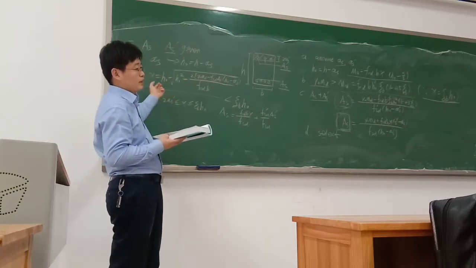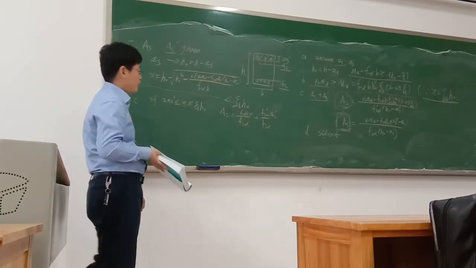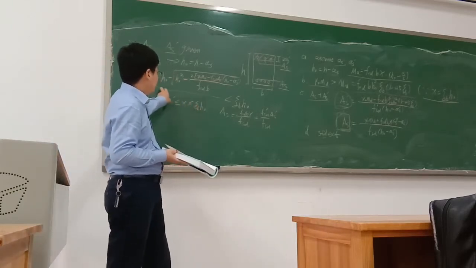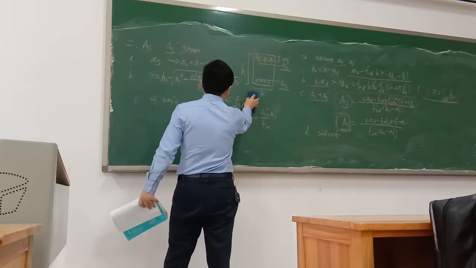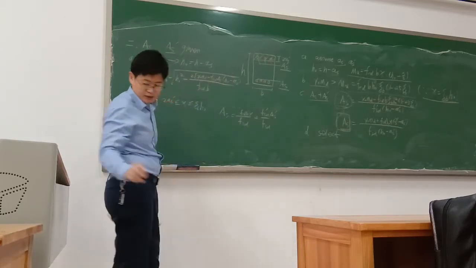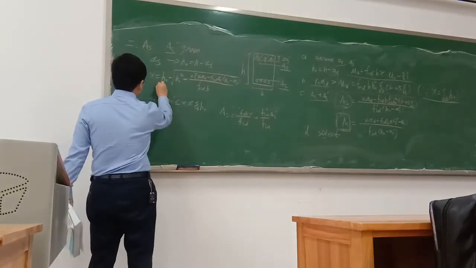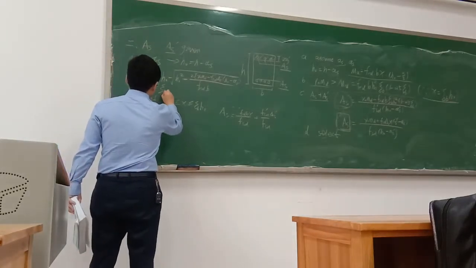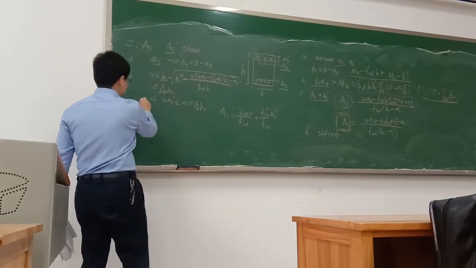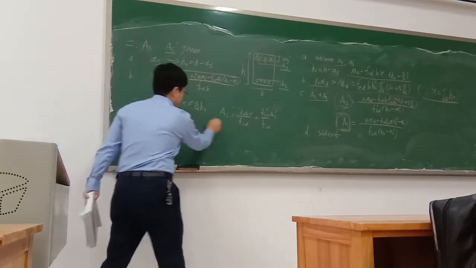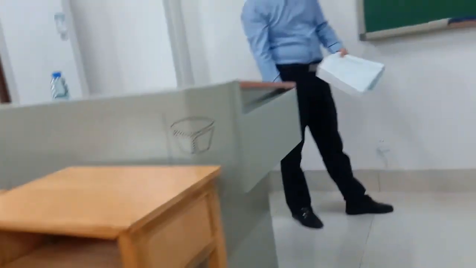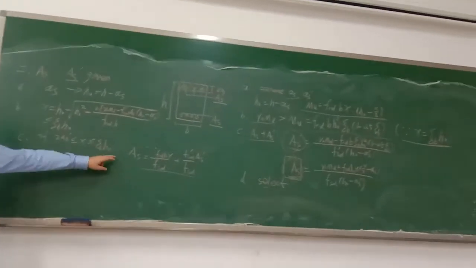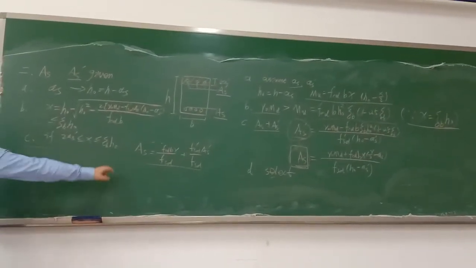Let's use the basic equation. And then once we check x smaller than ξ_b h0, then the first step, we use the basic equation to get A_s. So no problem with this, it's easy.